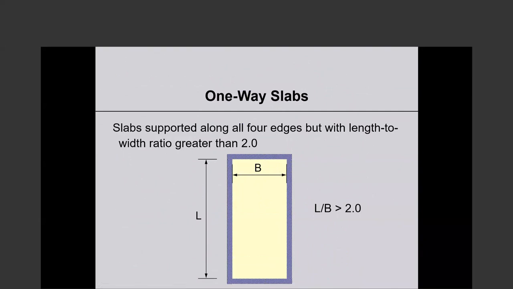A larger part of the load will be transmitted by bending in the short direction because that's the stiffer direction. A smaller amount of load will be transmitted by bending in the long direction. Okay. When I say transmitted, the loads would be taken from the slabs to the beams.